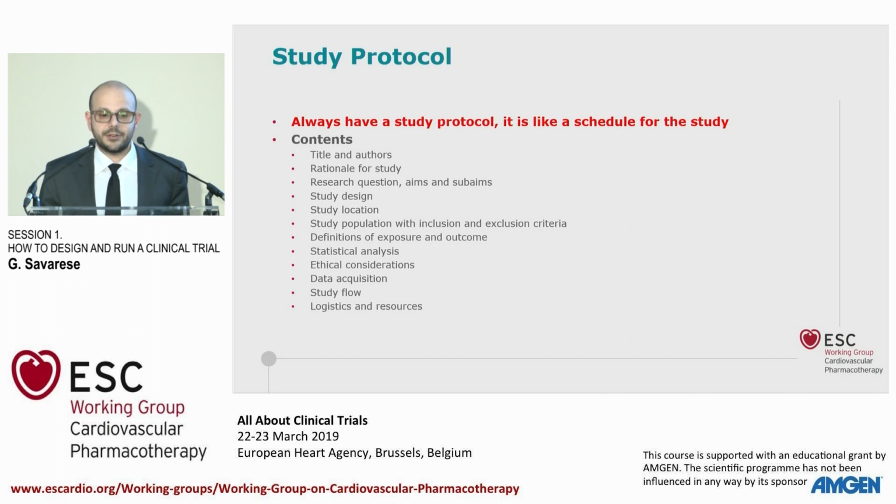Define very clearly the rationale for the study, specify the research question, aims and sub-aims, define study design, location and study population with exclusion and inclusion criteria, define the exposure and the outcome, then define a priori the statistical analysis that will be performed, consider ethical issues, define how the data will be collected, have a study flow. Tomorrow we will see that there are different study flows for different types of trial, and then define logistics and resources.